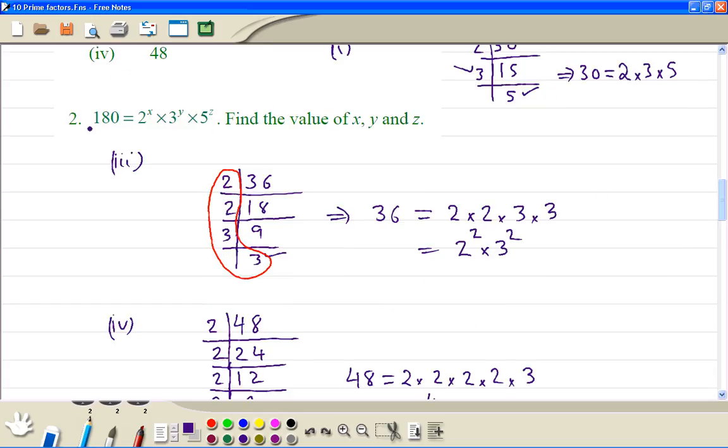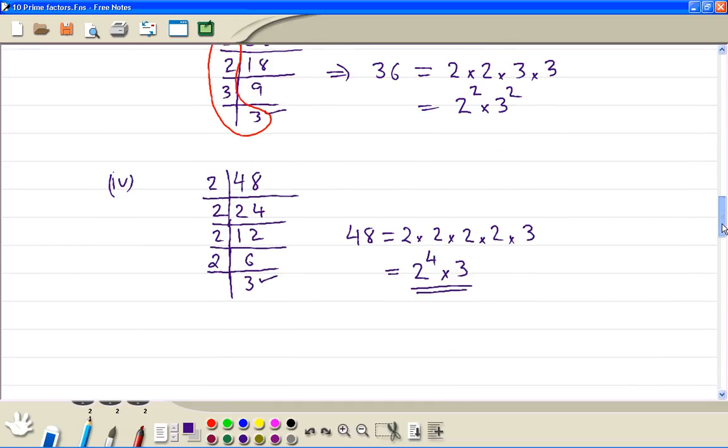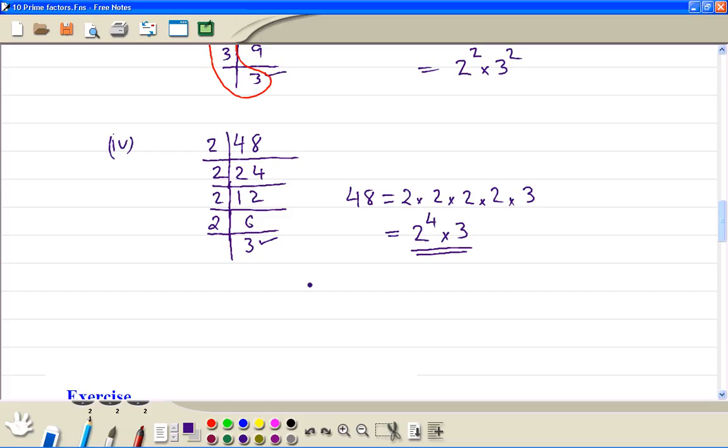Now number 2, so we have to write 180. So we divide by 2, we got 90. Divide by 2, we got 45. Then divide by 3, we got 15. Divide by 3 again. We get 5, now we stop.